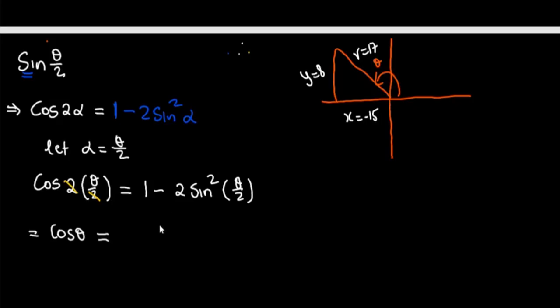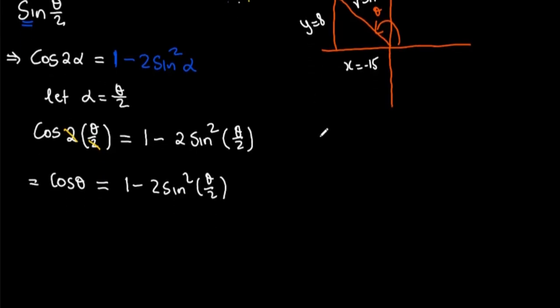So this is equated to, if we work this thing down, 1 minus 2 sine squared theta over 2. So we know what cos theta equals. Remember, cos theta from the beginning of the question was given as 15 over 17. Equate this to 1 minus 2 sine squared of theta over 2.